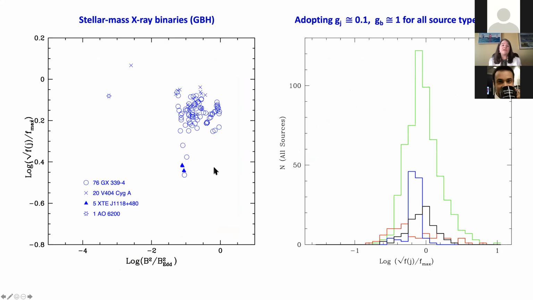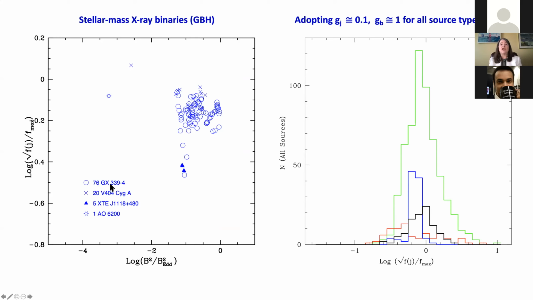For those of you interested in stellar mass X-ray binaries, this is showing the spin function log of capital F versus log of B over B ed squared, which will also turn out to be little m dot, the dimensionless mass accretion rate. We see this cluster of points over here where each observation is shown separately.